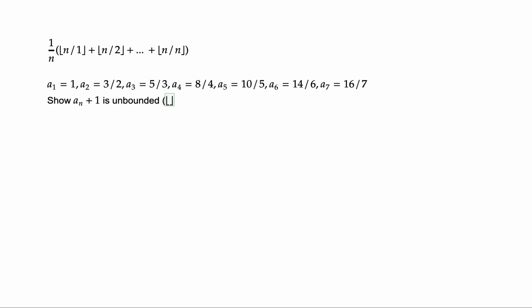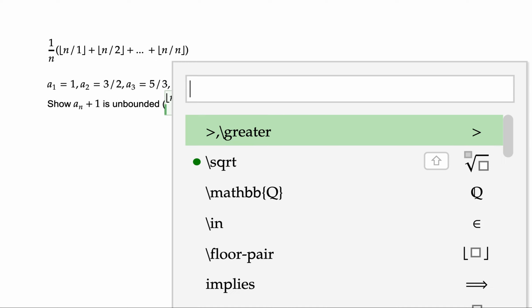Floor of n over k plus 1 is greater than or equal to ceil of n over k.